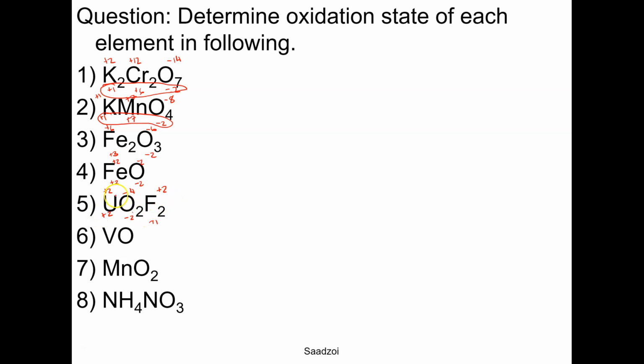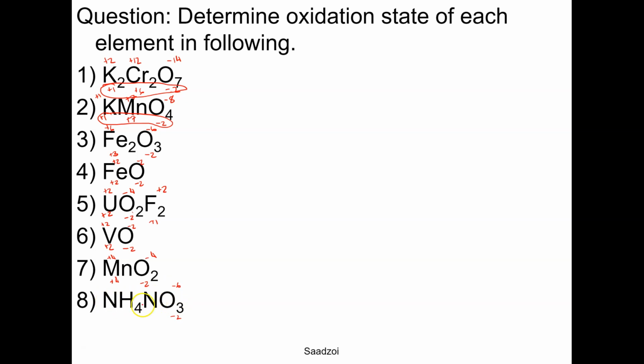And that's what happens, because 4 and 4 gives me 0. O, -2. V has to be a +2. So those are my 2 charges. Here, O, -2, which is a -4 charge. Mn has to be a +4 divided by 1, +4. O, -2 gives me a -6 charge.